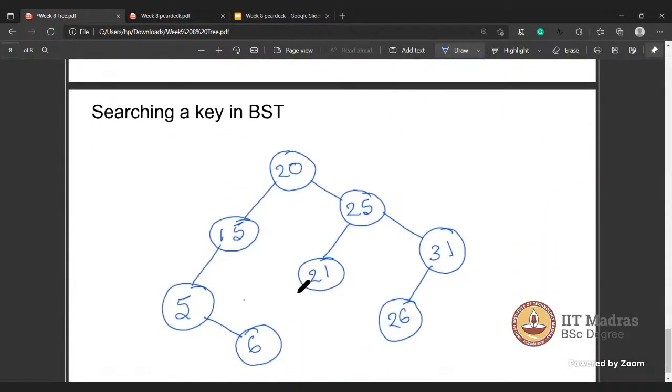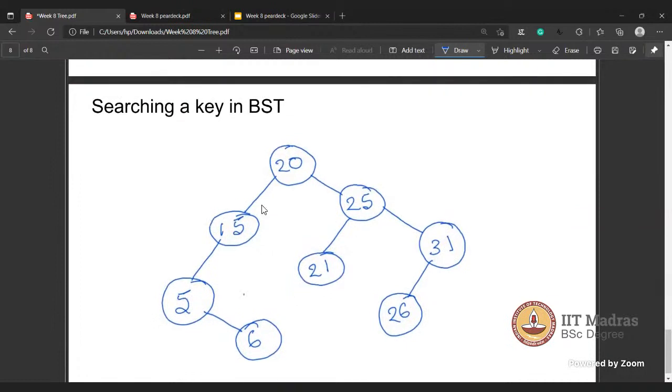So how do we search a key in a BST? Suppose you want to search 21. First, compare with 20. Is 21 equal to 20 or not? Not equal. Then check whether it is less than or greater than. 21 is greater than 20, so it goes to the right subtree.